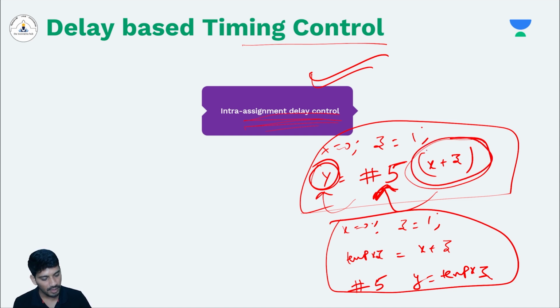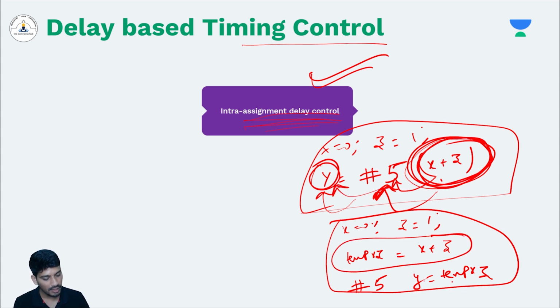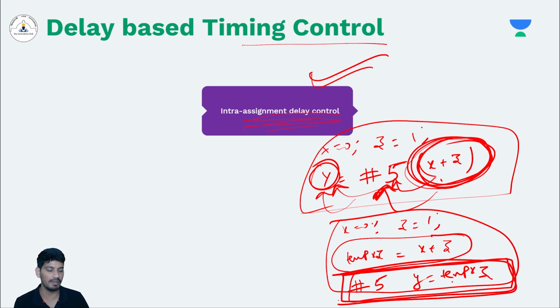Here I am reading this data, and then after 5 nanoseconds I am storing it to Y. But here, first of all, I am performing the operation, and after 5 nanoseconds I am performing this assignment. Both the things are same, right? So what is the difference between these two things?